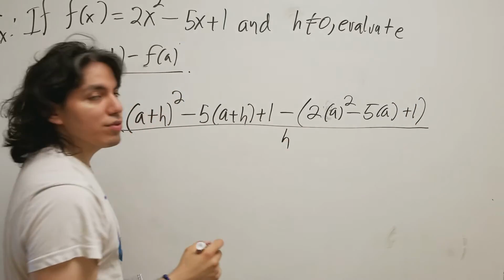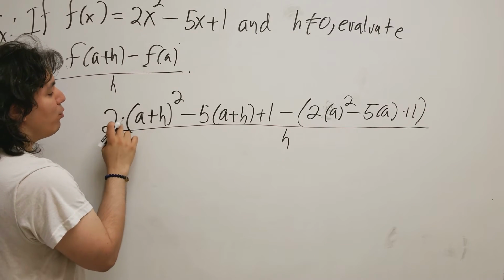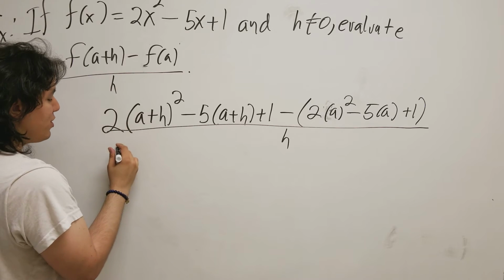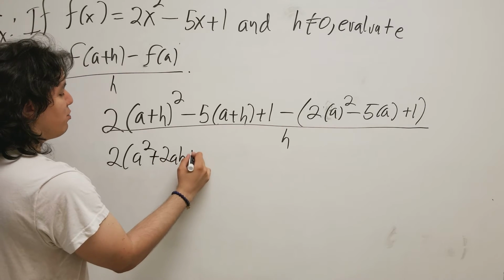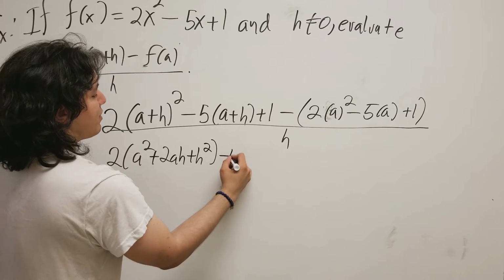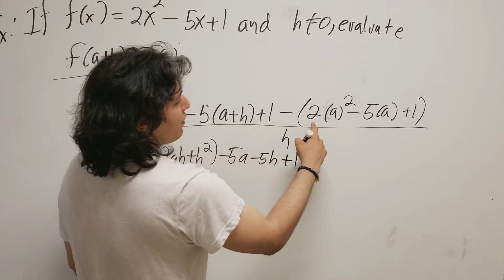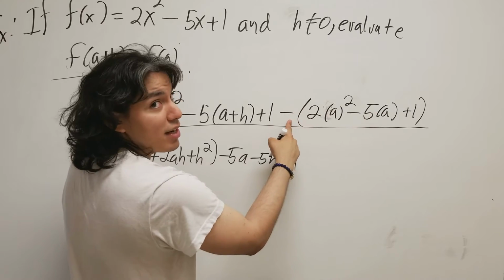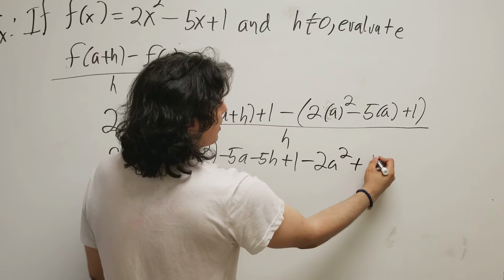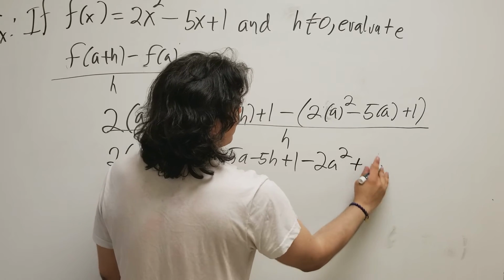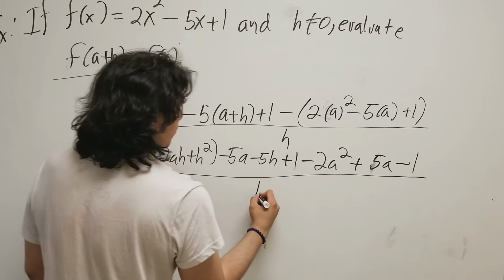all over h, okay? So now, first I can expand it. It's 2 times a squared plus 2ah plus h squared, minus 5a minus 5h plus 1. Now, after I've done the arithmetic and the minus sign, this becomes negative 2a squared plus 5a minus 1, all over h.